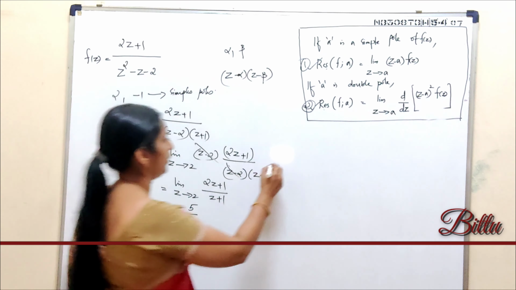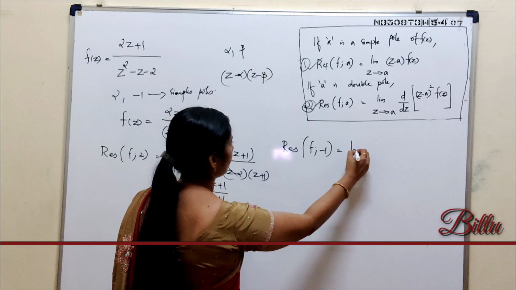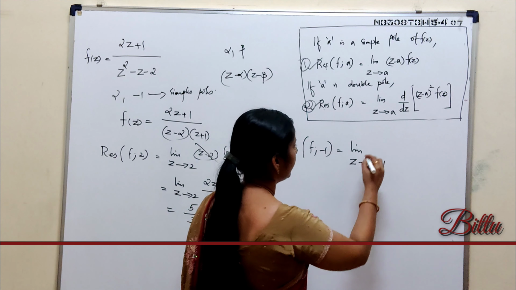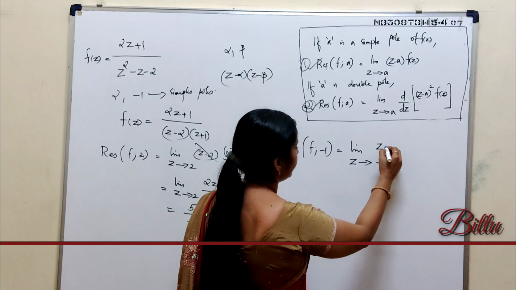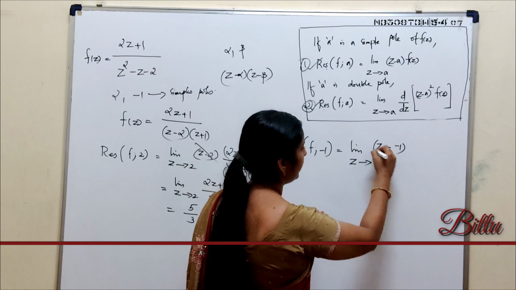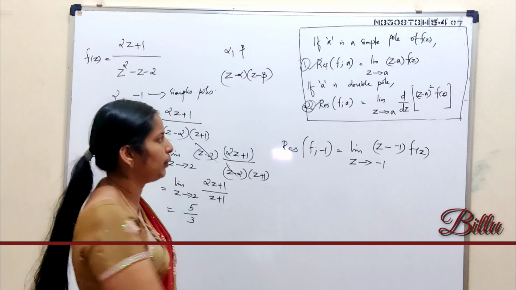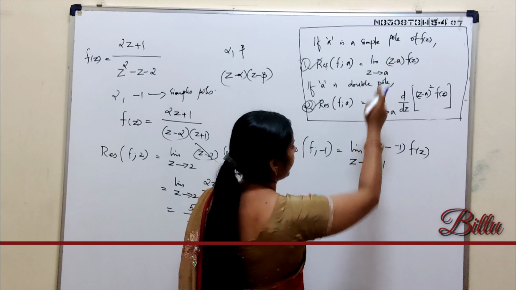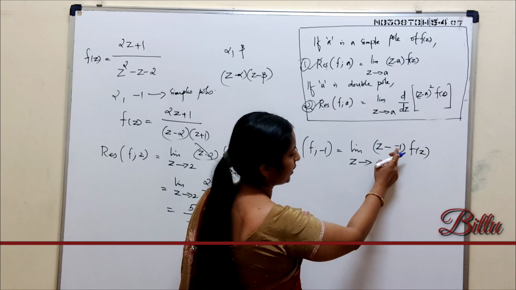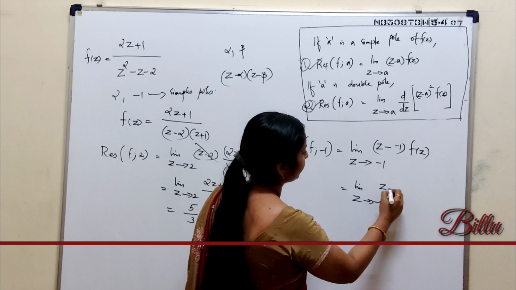Next, for getting the residue of f at minus 1, limit z tends to minus 1, z minus a, here a is minus 1, into f(z). See, residue of f at a is limit z tends to a, z minus a. Here a is minus 1, z minus a is z minus minus 1. It will be z plus 1.